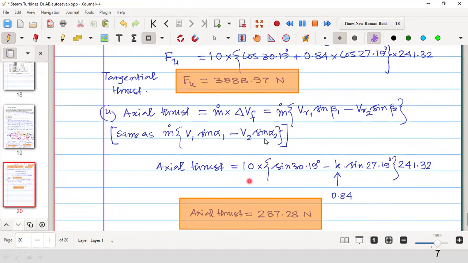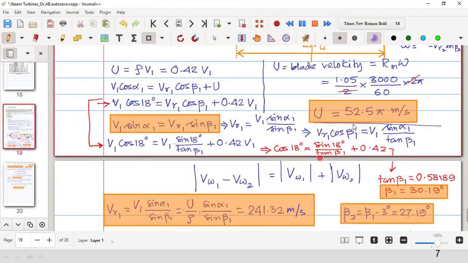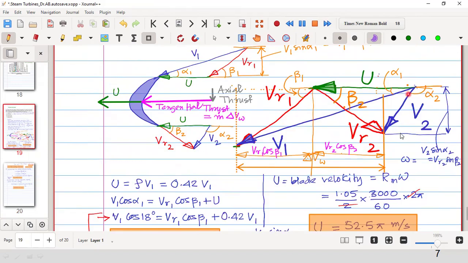This theory is also valid, this is also a valid calculation, but here you do not know alpha 2, and for calculating alpha 2 you have to use the vector triangle, by taking the components.